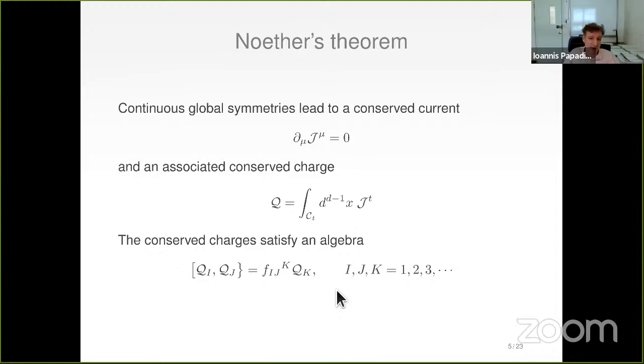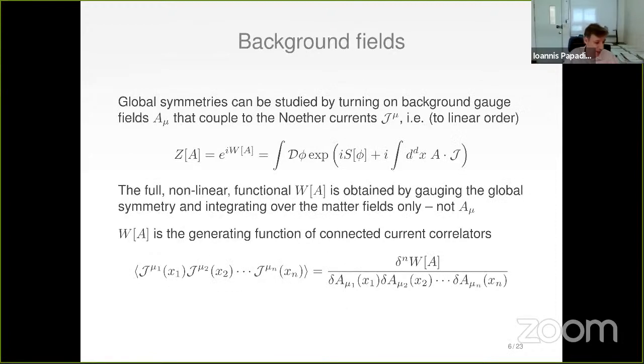Now, at the quantum level, this story is modified because of anomalies, and this is exactly what I want to discuss. A very systematic way of analyzing both conserved currents and their anomalies at the quantum level is introducing what is known as background fields.